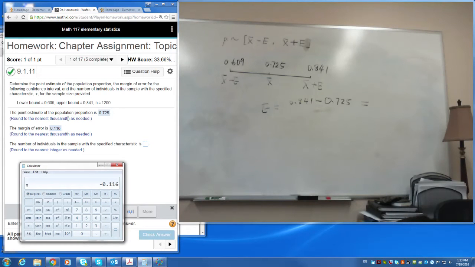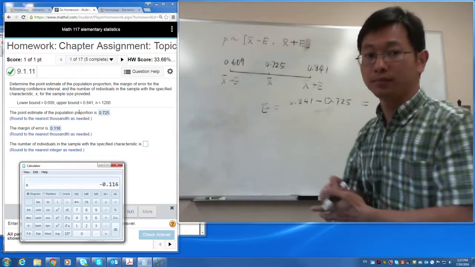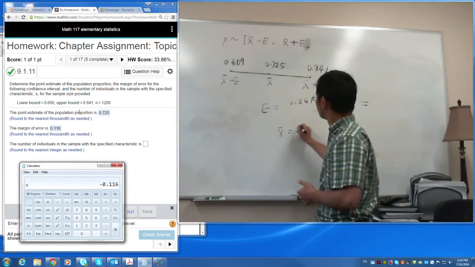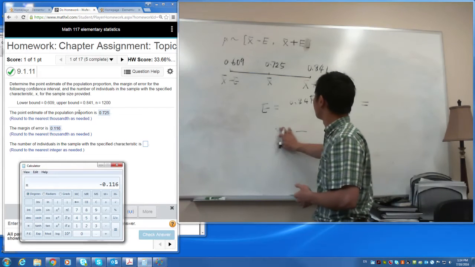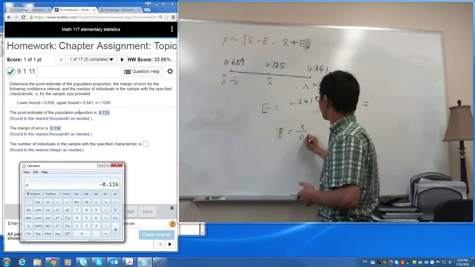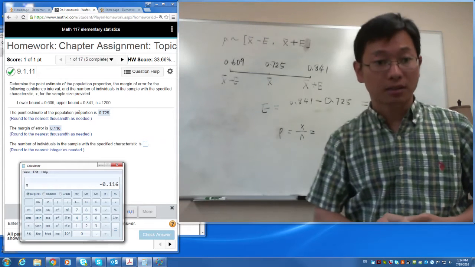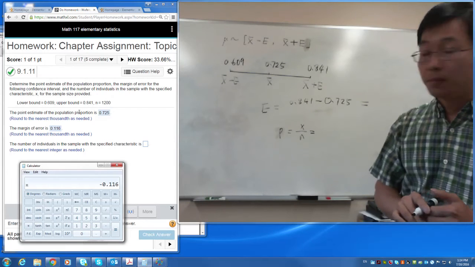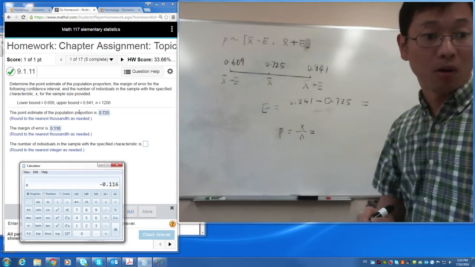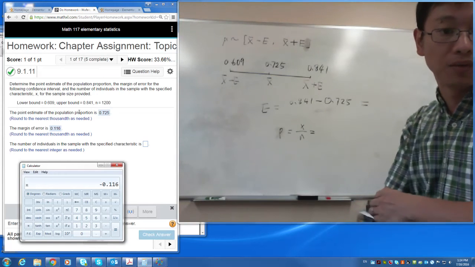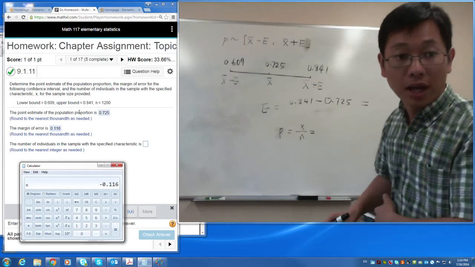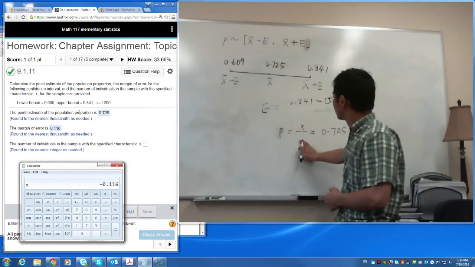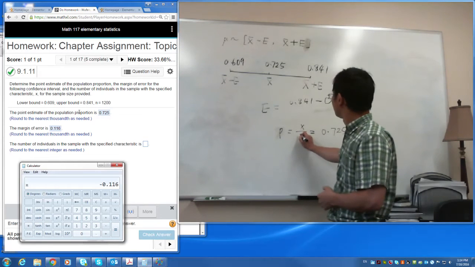Okay, so the number of sample estimate is a proportion, so p equals x over n. We want to find out the number of individuals in the sample. Now the proportion is 0.725 and the sample size is 1200.